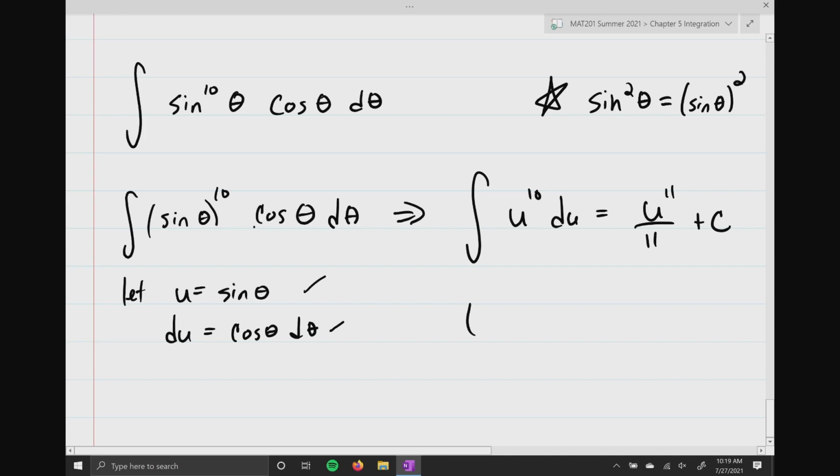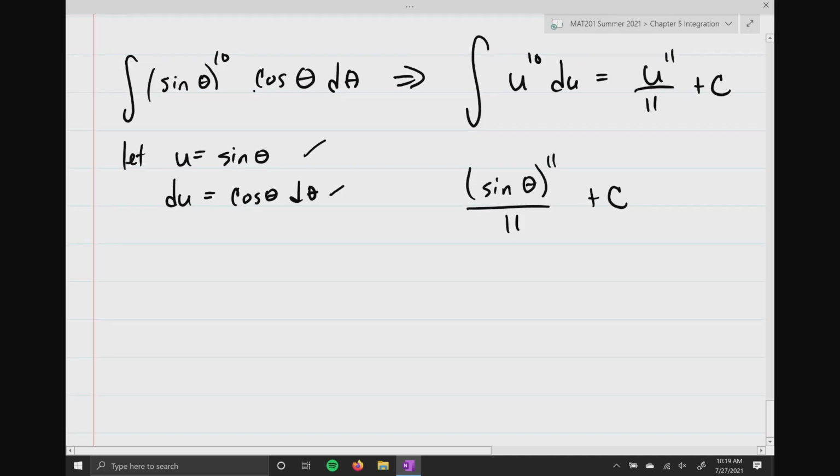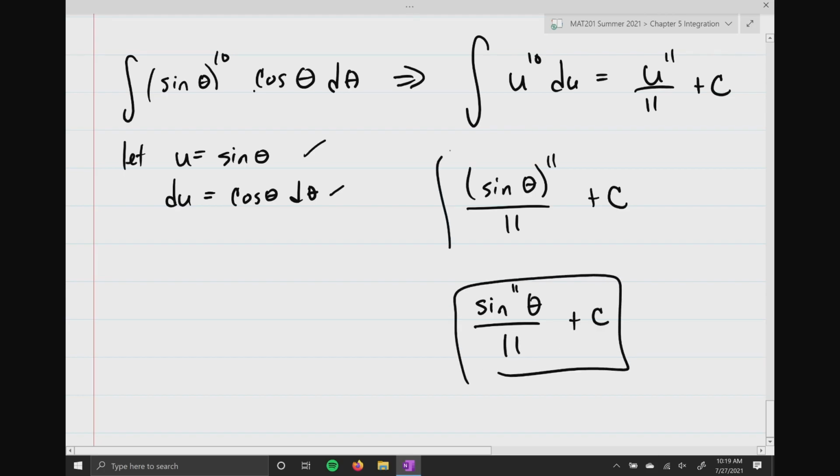U was sine theta, so this is going to be sine theta to the 11th over 11 plus c, or another way you can write this is sine to the 11th theta over 11 plus c. Both are 100% acceptable. Okay? So hopefully by now you can see how this works.